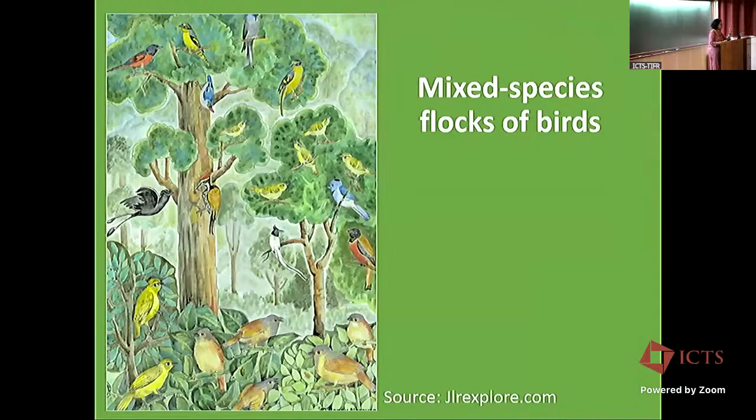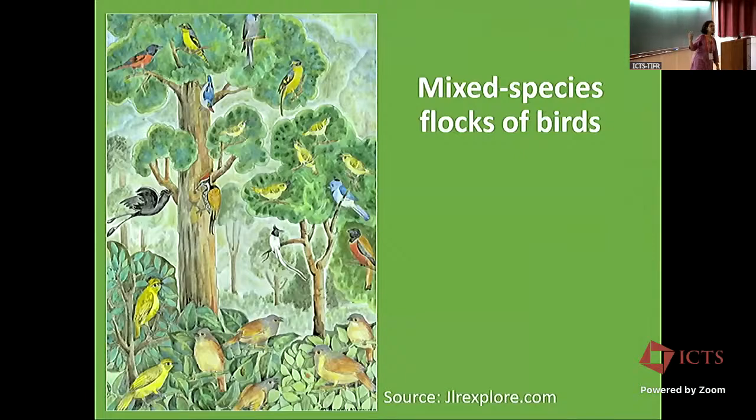And this we saw in the case of mixed species flocks of birds. In the same study site, we looked at social behavior of birds. Again, a system where there are lots of birds feeding together, insectivorous birds, because they help each other. They tend to flock together and feed together, because as you can see, the birds on the top in the canopy gain from the insects coming out, because a lot of birds are feeding together, so they flush out insects for each other.